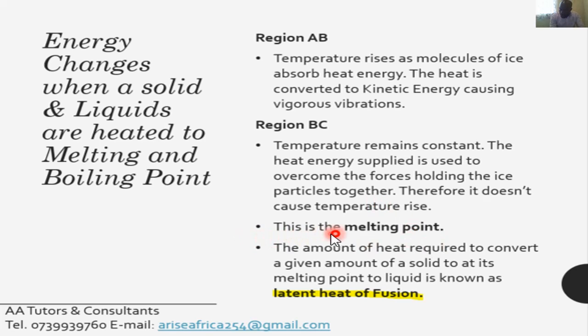This point where the temperature remains constant is known as the melting point. Therefore the melting point is a temperature that remains constant, and that particular portion is known as the melting point.